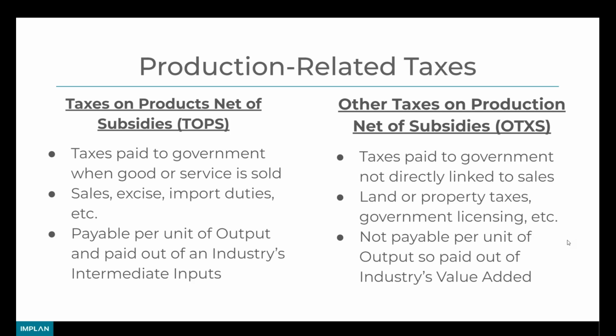The implications of these differences are twofold. The first is that we have a slightly different accounting of value added in the international product. And the second is that we have a sector in the international product that is used for accounting purposes only.